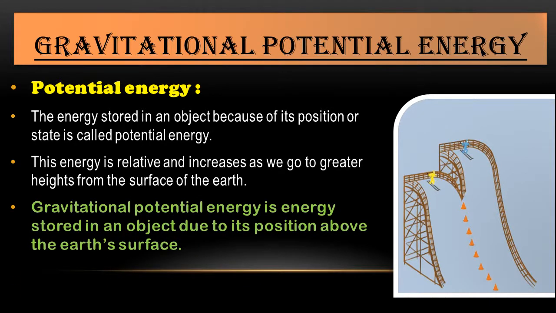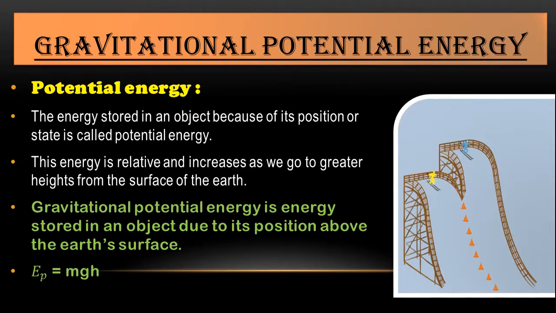Now we will see what gravitational potential energy is. The gravitational potential energy is the energy stored in an object due to its position above the earth's surface. So student, always remember the difference between potential energy and gravitational potential energy. Since this is gravitational potential energy, the word gravitational should come in the sentence.